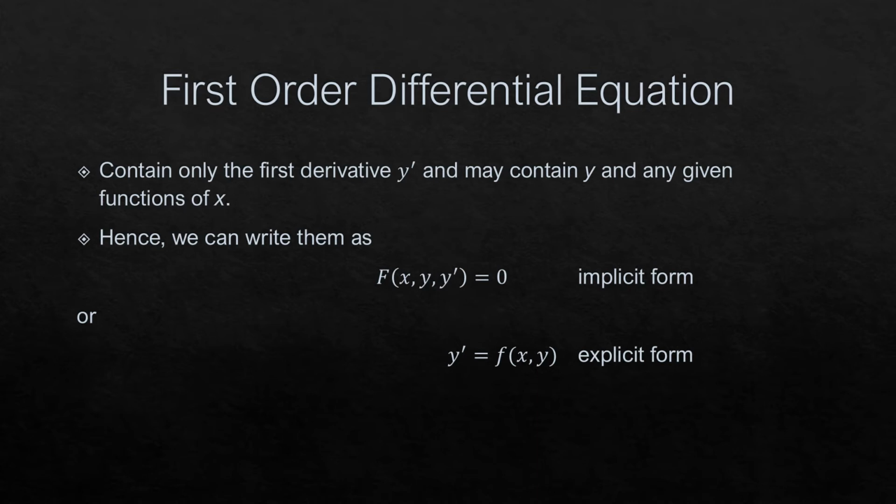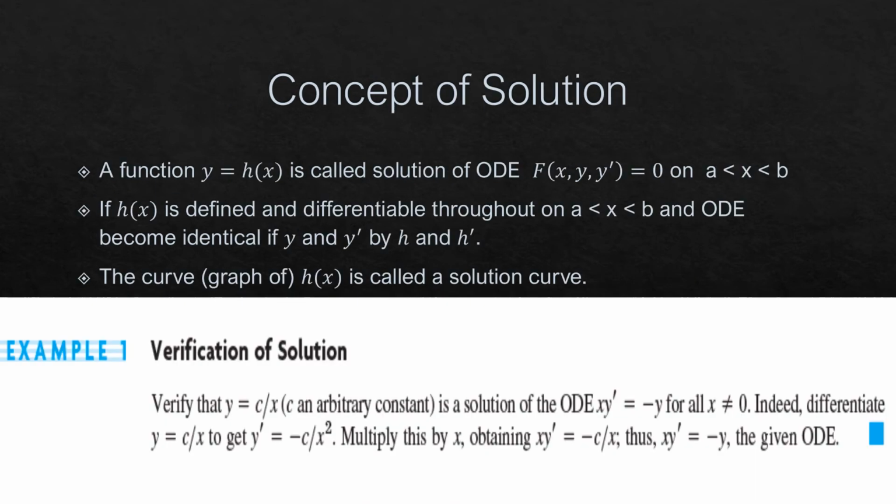When you can separate the derivative and non-derivative terms, then it is known as explicit form. So there are two forms of representation: one is implicit and the other is explicit. The graph or the curve of h of x is called the solution curve.